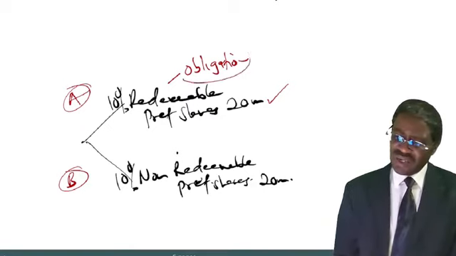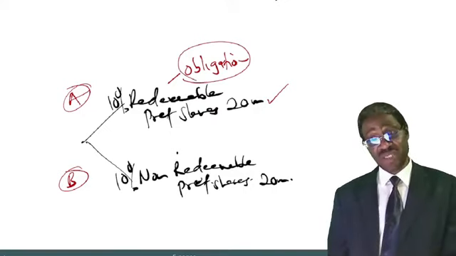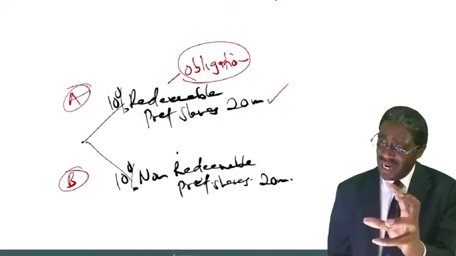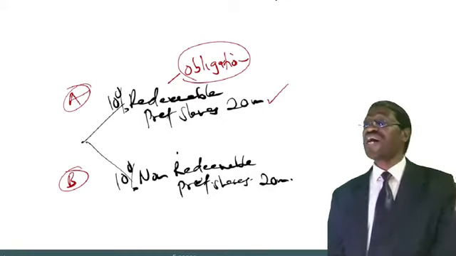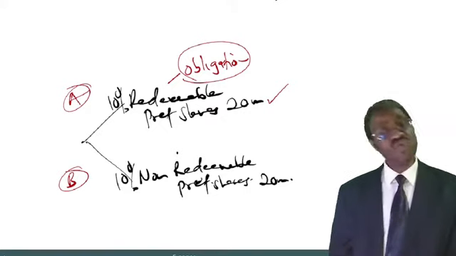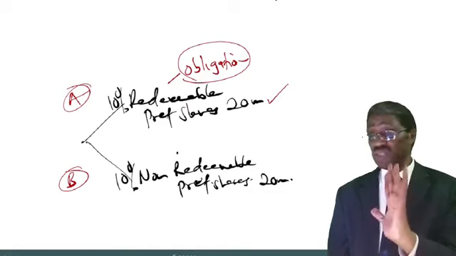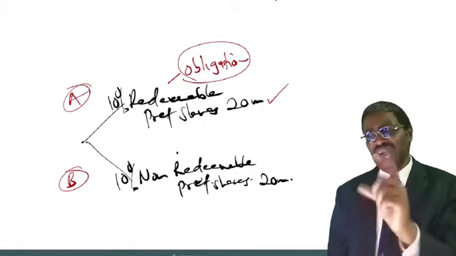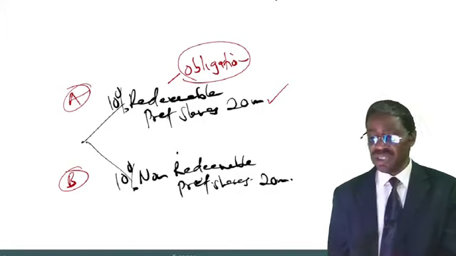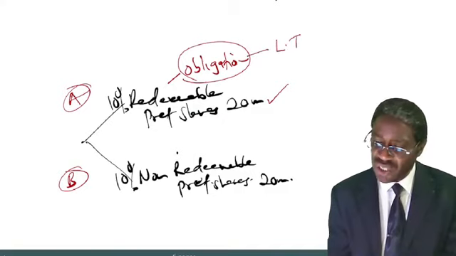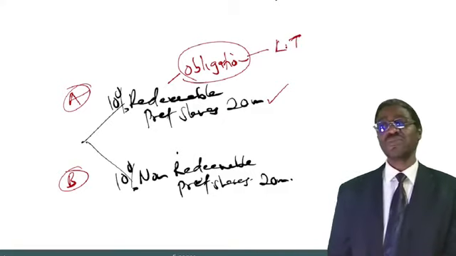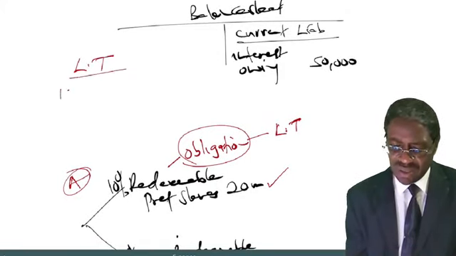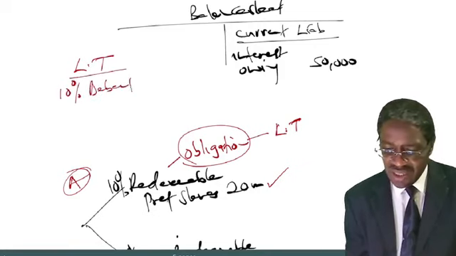Because company A has an obligation to pay back, they don't show their 20 million in the balance sheet under the section called financed by, that means under capital, no, or what we call equity, no. Because they have an obligation to pay back, they will take it to the balance sheet as a long-term liability.